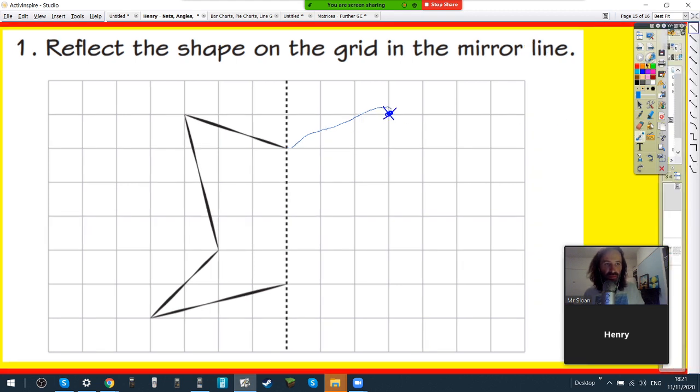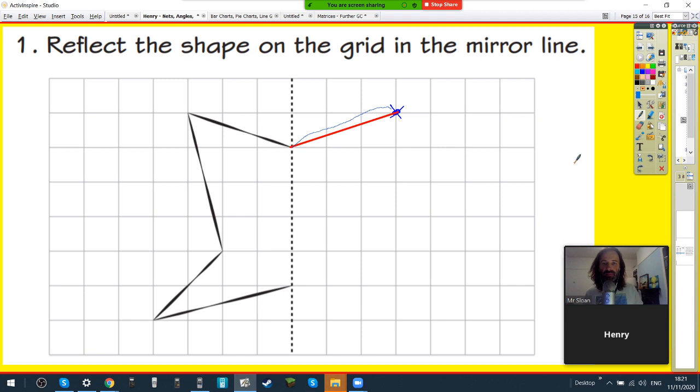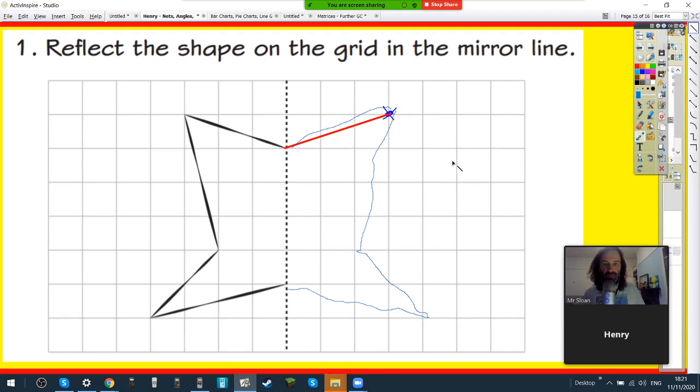There. And there. Very good. So this one was 1, 2, 3, 4, 1 down. Yep. This one here, that's 2 away, so 2 on the other side.